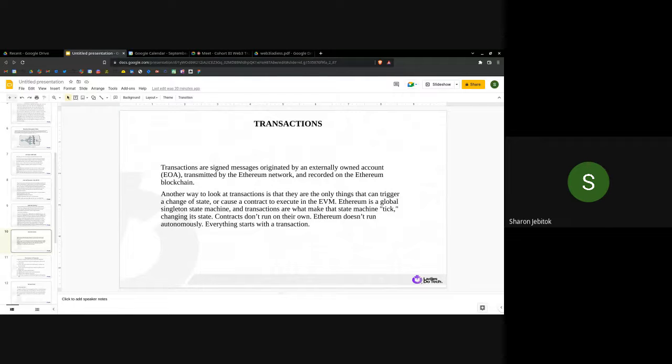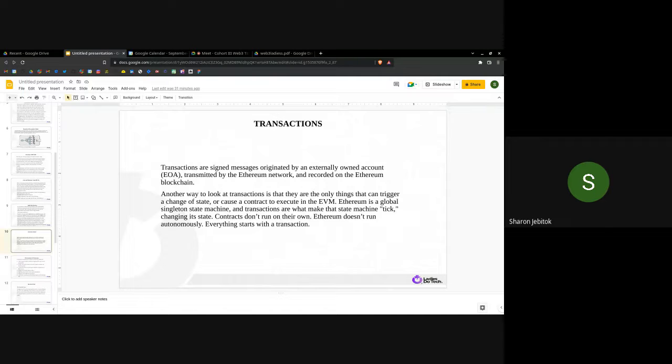So just going forward, another way to look at transactions is that they are the only things that trigger the state change or cause a contract to execute in the EVM.